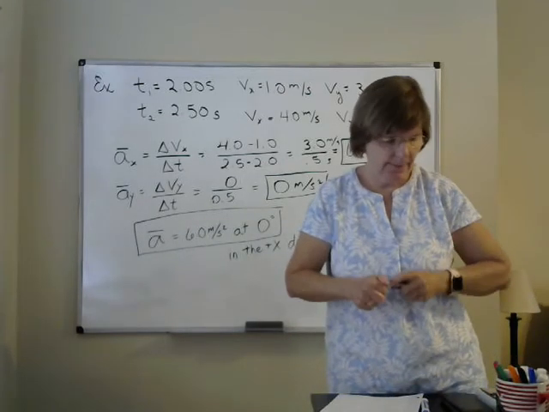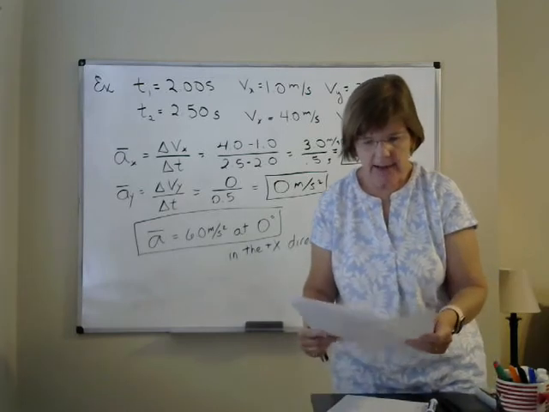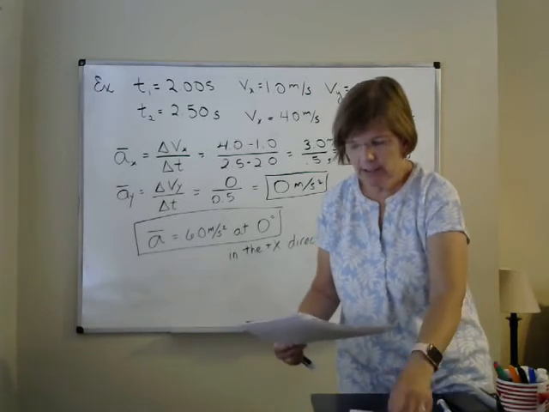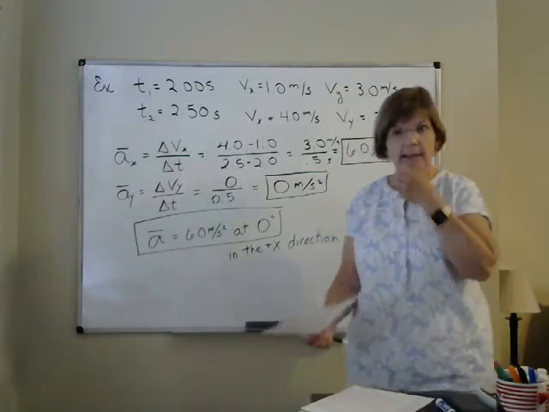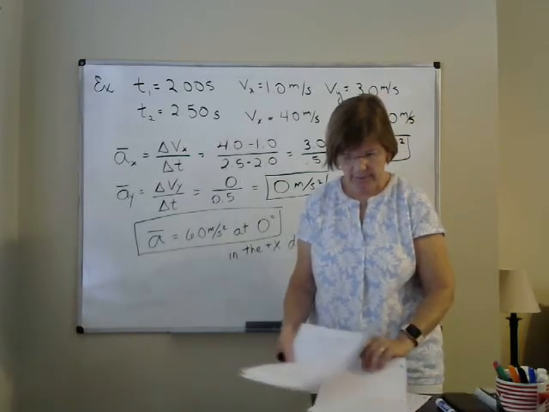Okay, the next part of this chapter is about projectile motion, and projectile motion is a pretty lengthy conversation. I think I'm going to save those pages to make a separate video.